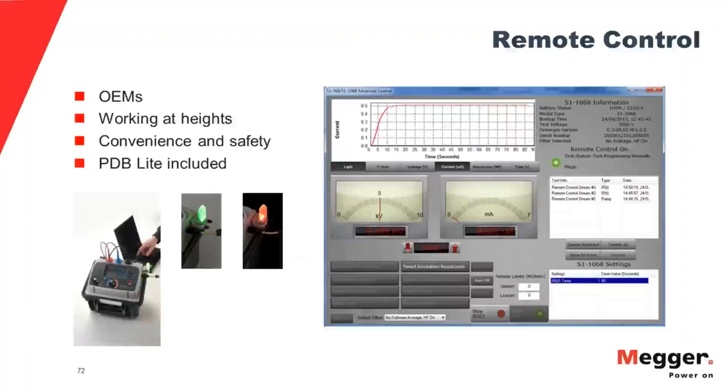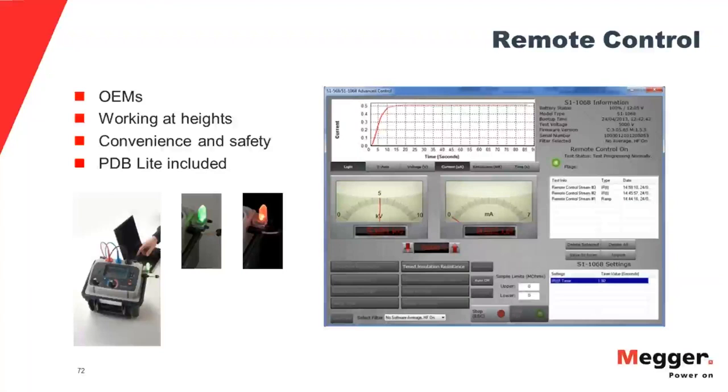And then finally, you can also get remote control. And this is where you hook up your computer, you program your computer, and it operates the tester. It's a good function to use, especially around substation testing, which is dangerous for the arcing capabilities. You can get outside of the substation and just have your tester running the tests.